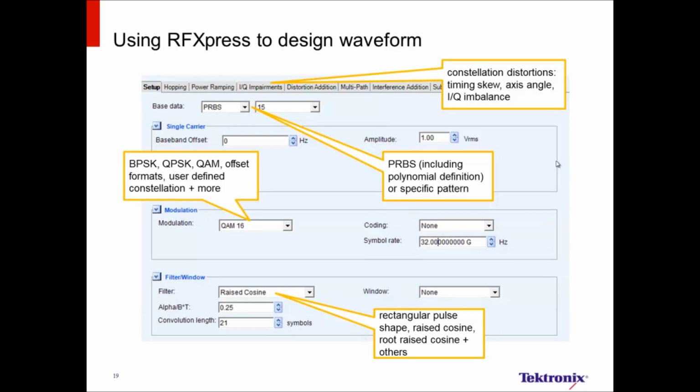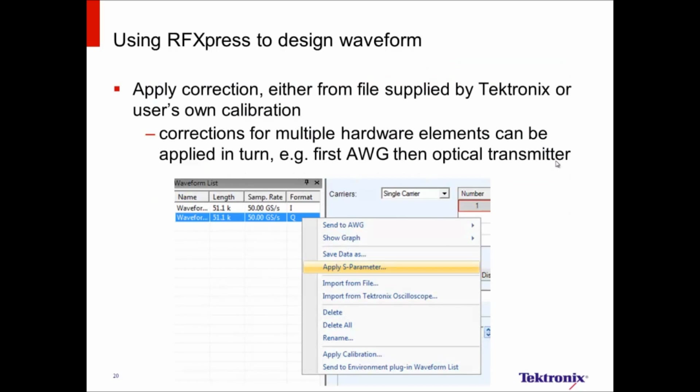And you can also, if you have a predefined filter that you want to use, use a file filter that's defined in the RFXpress software, such that you can use your own filter if you want. As I mentioned earlier, being able to use S parameters is a nice feature also, so that you can use the corrections through the transmitter.